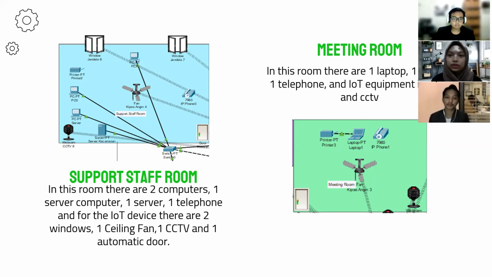And on the right side of the screen, we have a meeting room. In this room, there are one laptop, one printer, and one telephone, and the IoT equipment is a fan, CCTV, and one door.